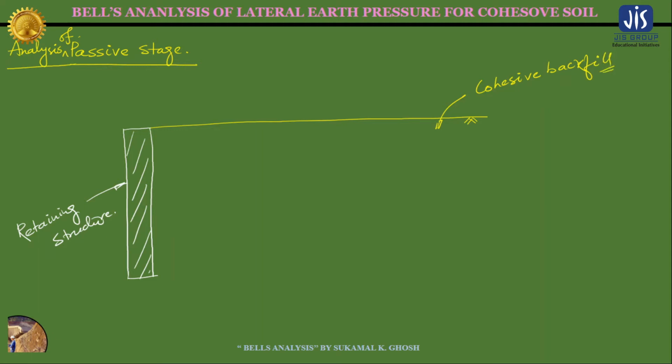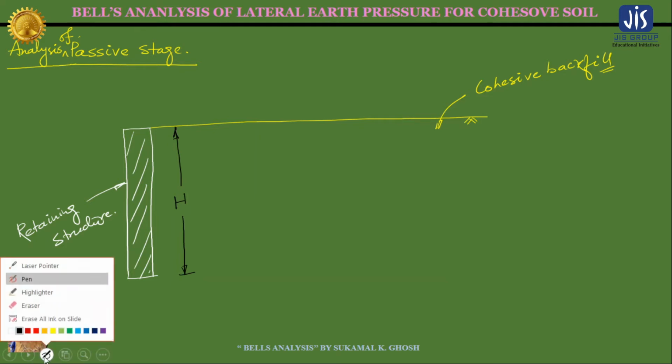Now let me also consider the height of this retaining structure is h, and the unit weight of the soil is gamma. So let me write it here.